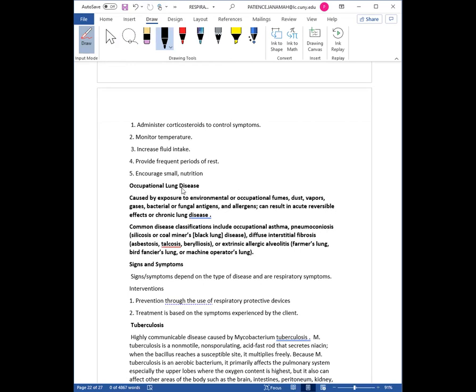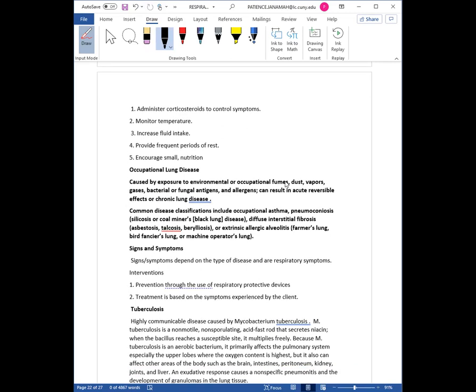Now we have occupational lung disease. This is caused by environmental exposure: fumes, dust, vapors, gases, bacteria, antigens, allergens, and other reversible effects or chronic lung disease. So the most common classification includes occupational asthma.